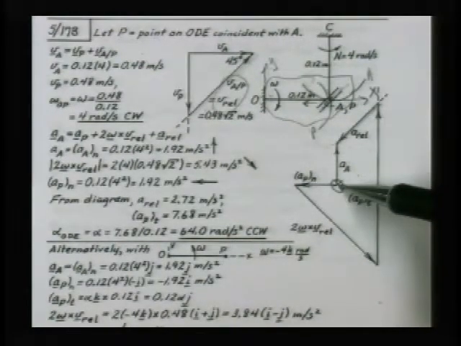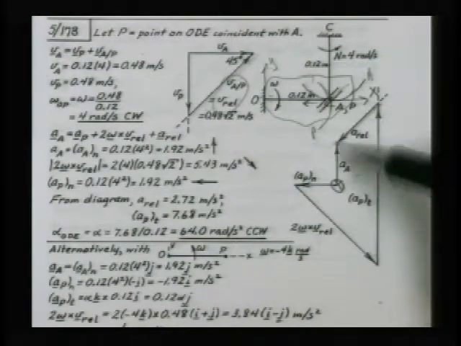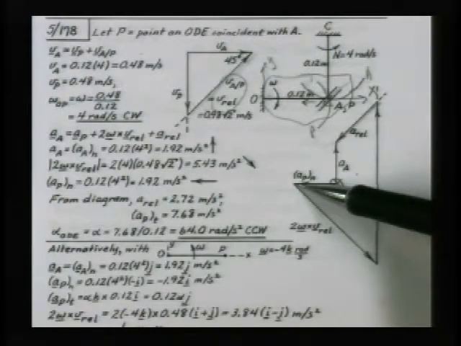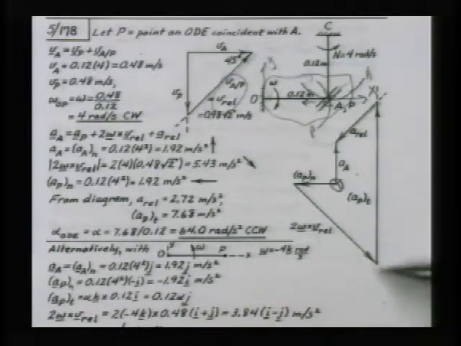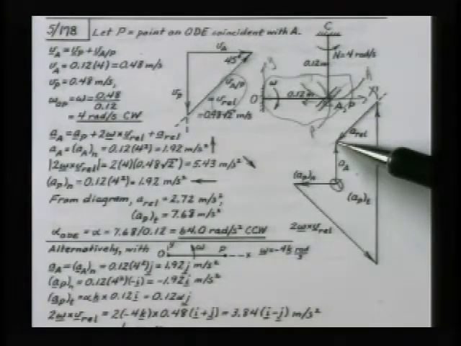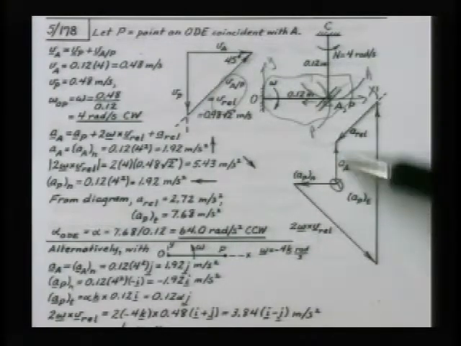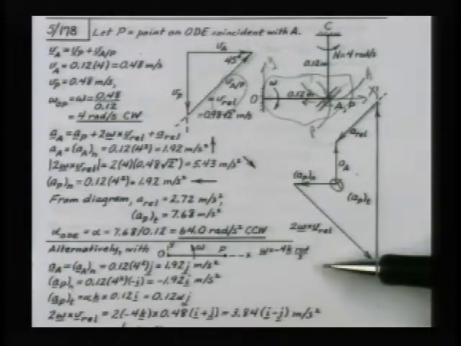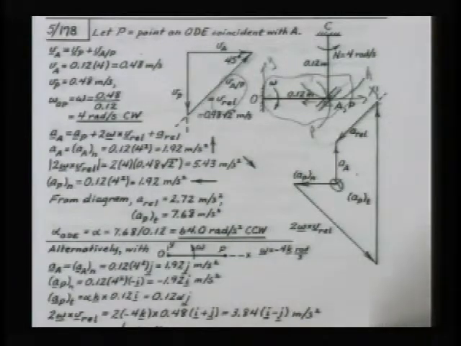So the acceleration of A is made up of the acceleration of P normal plus this 2 omega cross V rel plus the acceleration of P tangential plus A rel. And once you put that all together, you get the acceleration of A. What falls out as you do the math is that there will only be two unknowns in these equations, and you'll end up being able to find the angular acceleration of the plate and the other parts.